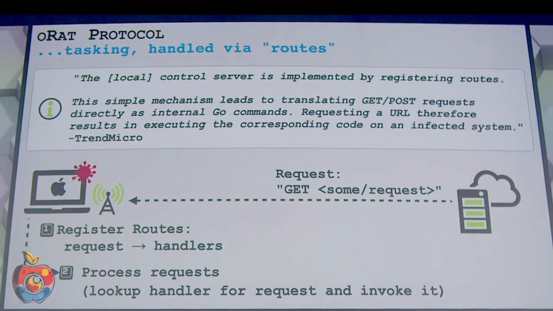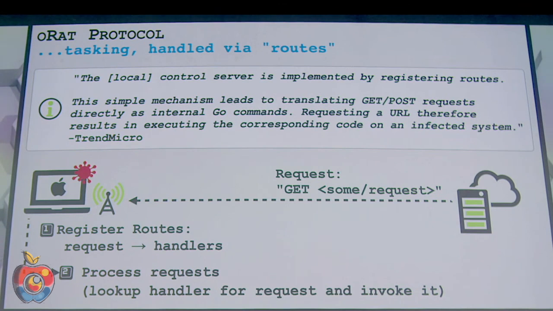Well, Trend Micro also touched on this, and they basically said that what happens is the malware starts a local server on the infected system that actually listens for URL requests from the server and then will act on those. And the parlance in Go terminology, or I guess in web stack technology, I don't understand any of that, is this idea of routers.